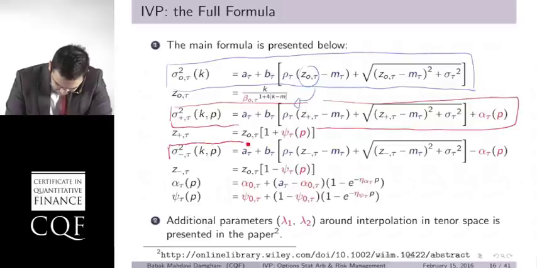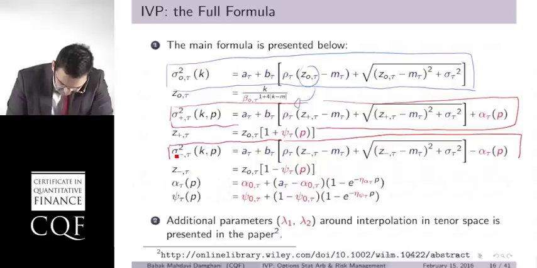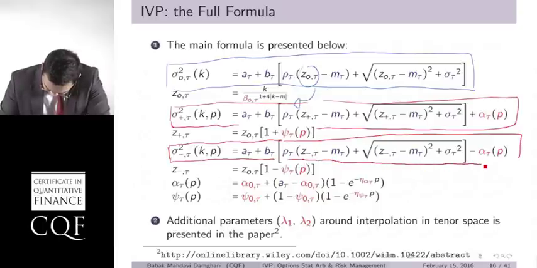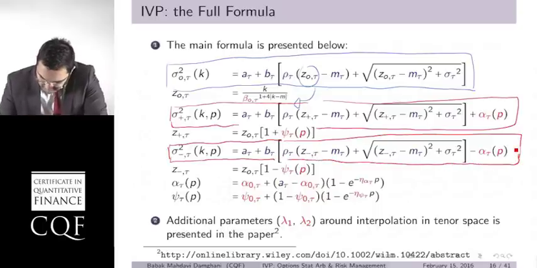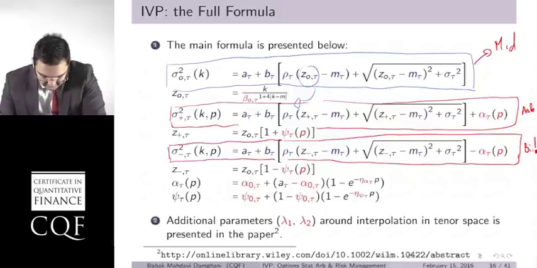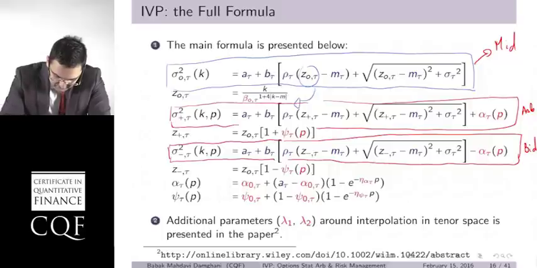And you have in here the second side of the bid ask equation. All right, so this is the mid, this is the ask, and this is the bid. And you can notice as well that for each of the bid and ask, you have a new change of variable.